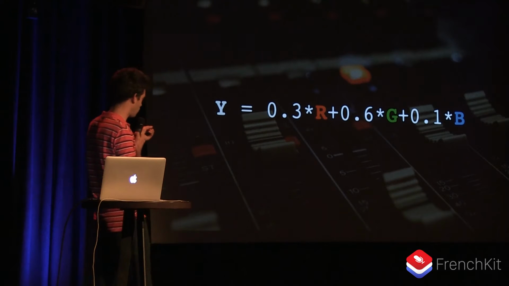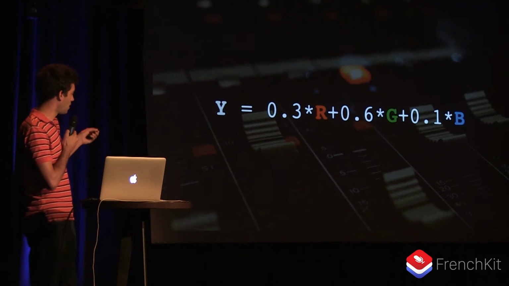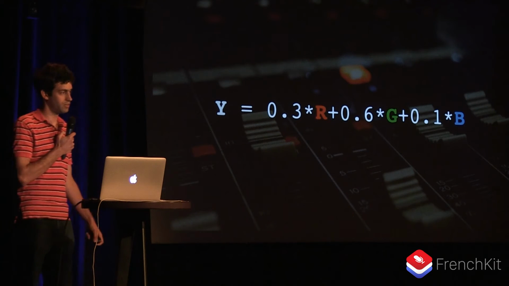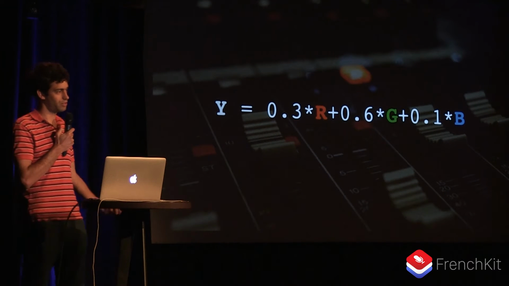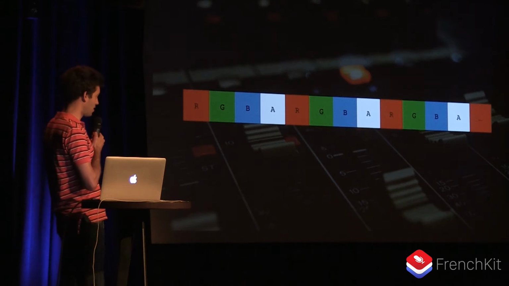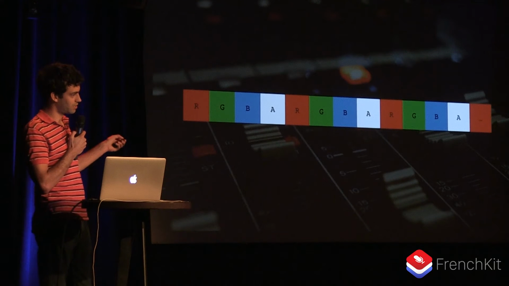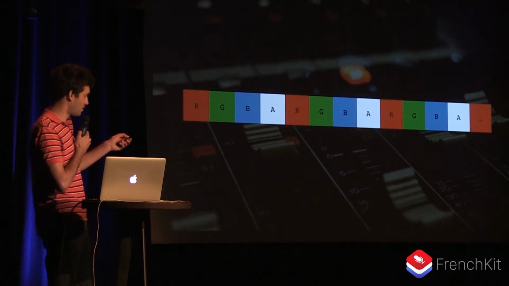We just need to apply a function for that, and that's what our function looks like. The gray, usually called luma, is just this weighted average of the R, G, and B channels. And we forget the alpha channel because we are not really interested in it. All the photos come from the camera, so they don't have any transparency. An image is a sequence of pixels, so it's a sequence of channels.